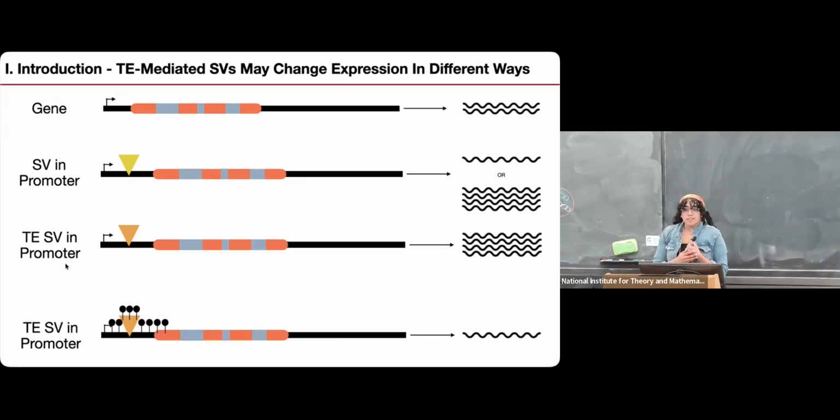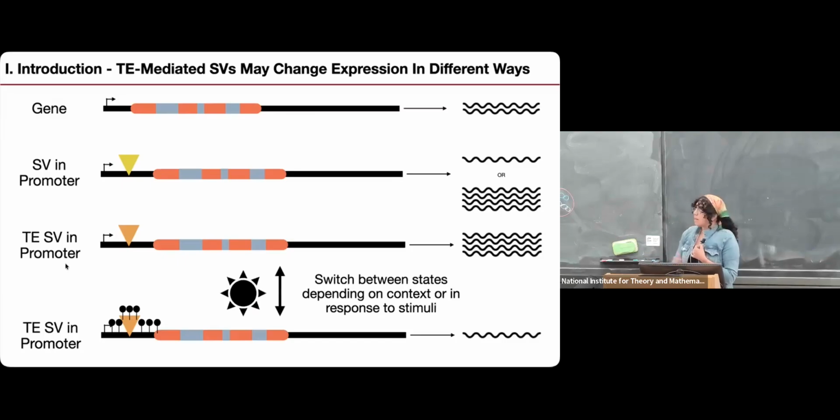On the other hand, if this TE is epigenetically silenced, which it usually is, we might actually expect decreased expression instead. So here, the epigenetic modifications used to silence the TE might spread into associated regulatory features or even the gene itself.